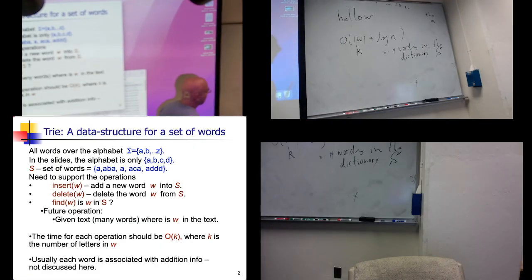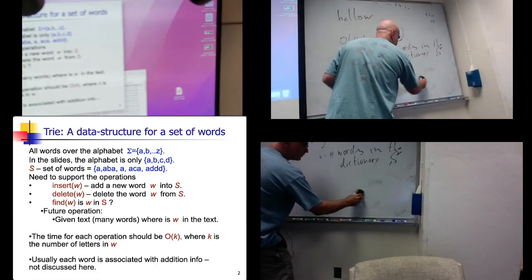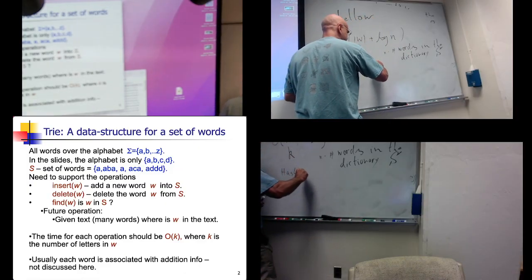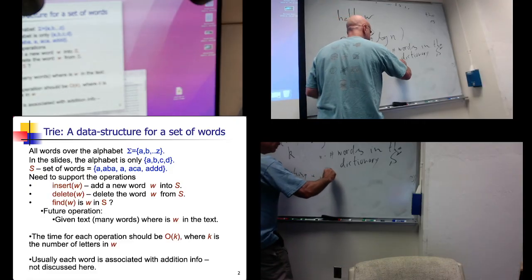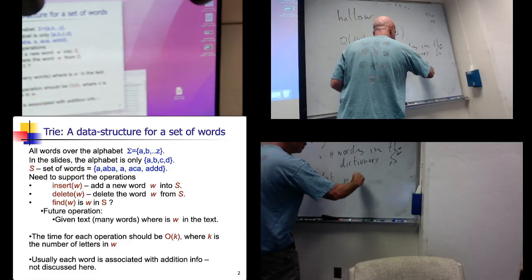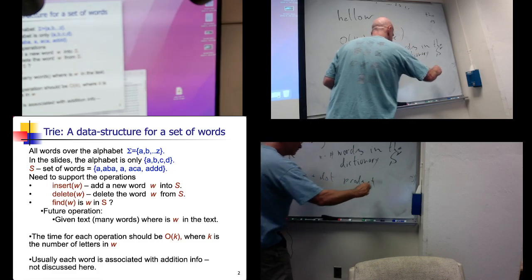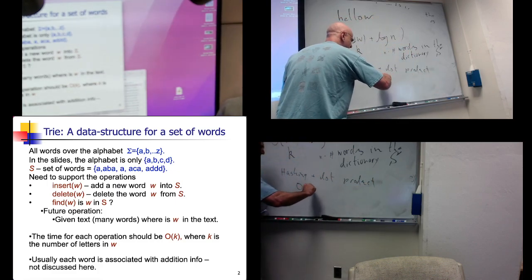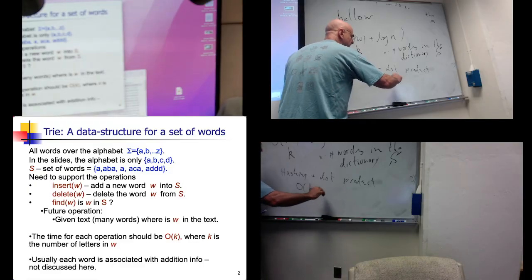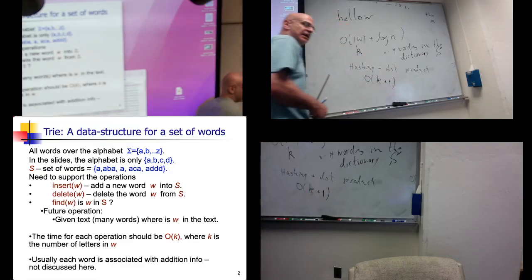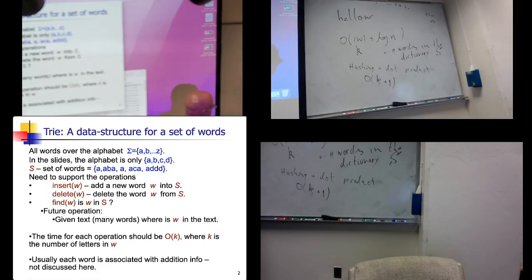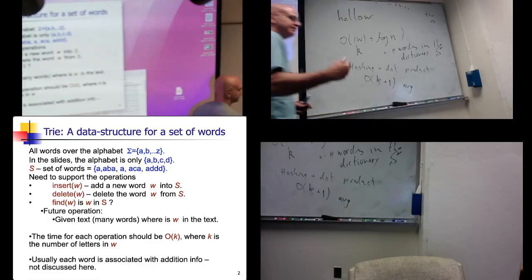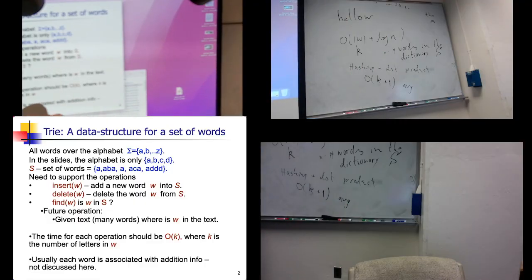Now, with a hash function, if you're using hashing plus dot product, of course I still need to pay order K just to read all the letters, but I hope that after that insert or delete takes order 1. But that's on average, best case, and it's randomized.